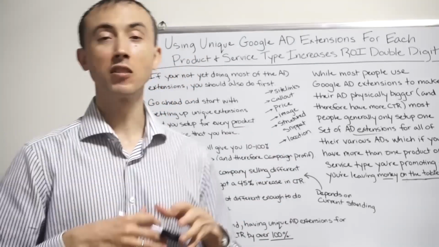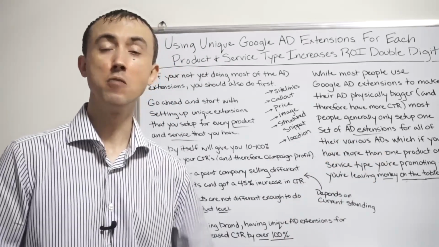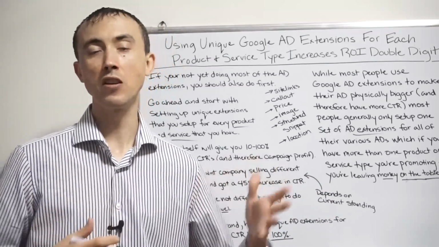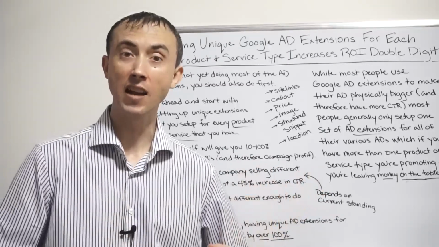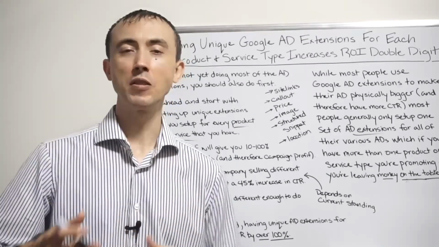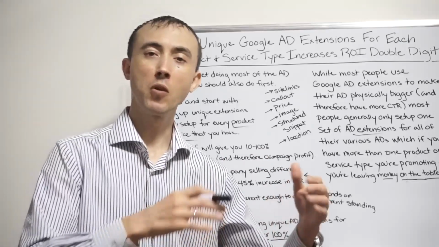If you have a lot of products and a lot of services, which applies more to you guys selling products, then you may not actually have the wherewithal and motivation to set up a unique ad extension for every product and service that you have. Also, you may actually promote more than one product in your campaign.